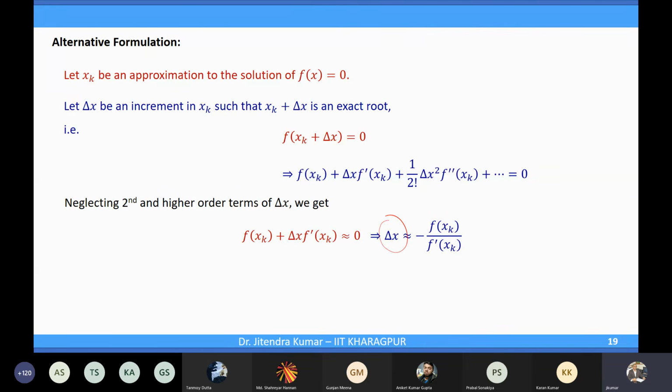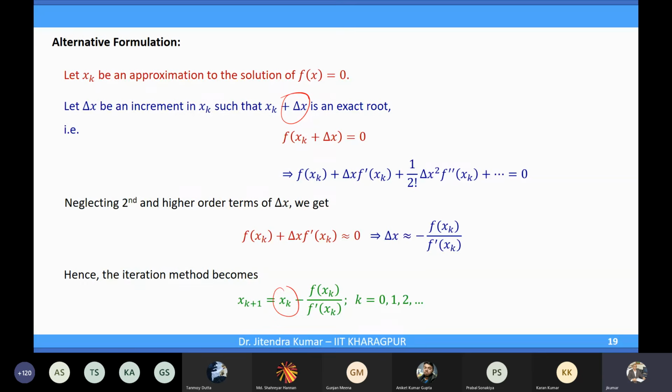We did not get the exact value of delta x, of course, that is not possible, but this gives an approximation. So our iteration scheme becomes: when you have the x_k value, you get x_{k+1} as x_k plus delta x, and delta x is nothing but minus f(x_k) over f prime(x_k). Did you get this derivation? Yes, sir. So it's another way of looking at it.